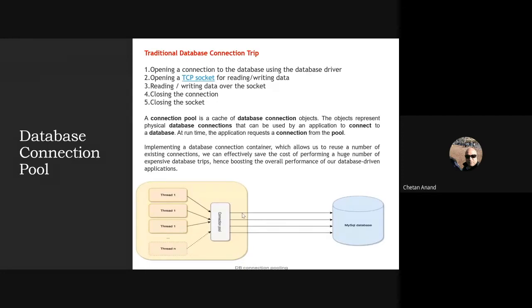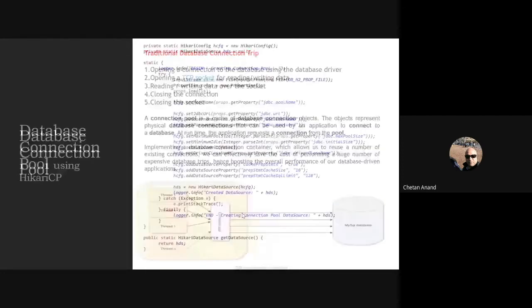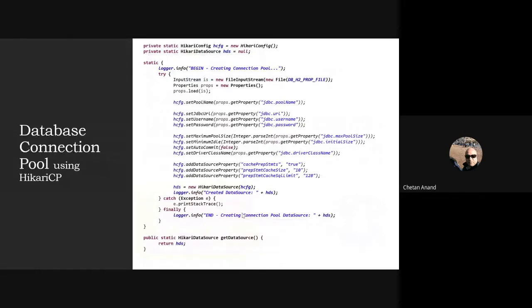There is a fast and light connection pool called HikariCP. Let me show you how HikariCP works. The normal JDBC and the connection pool look more or less the same; there's not much of a difference.